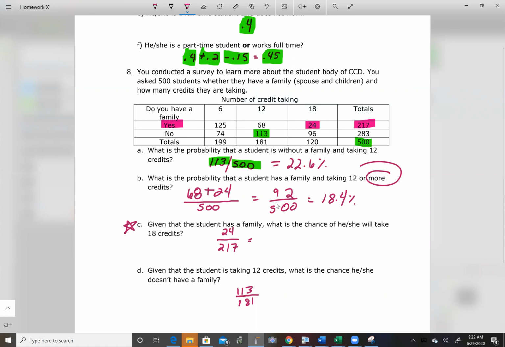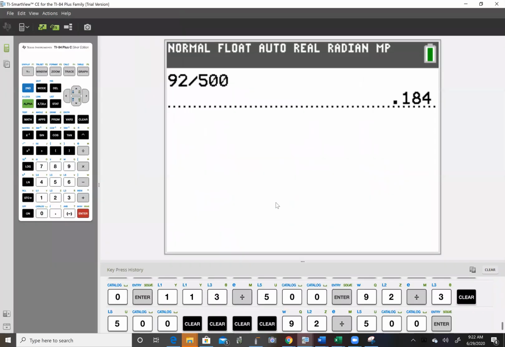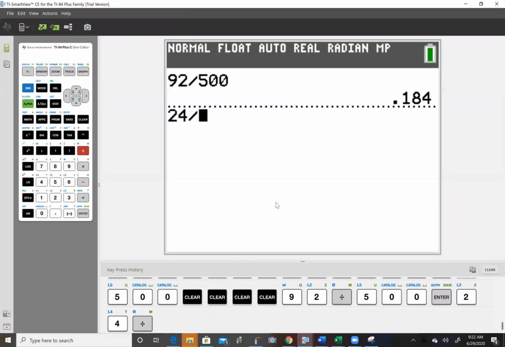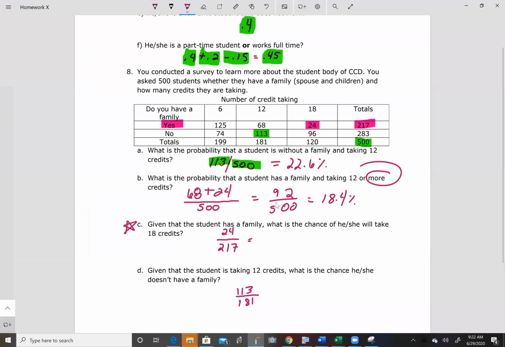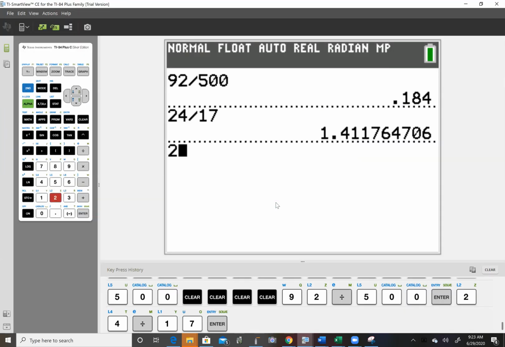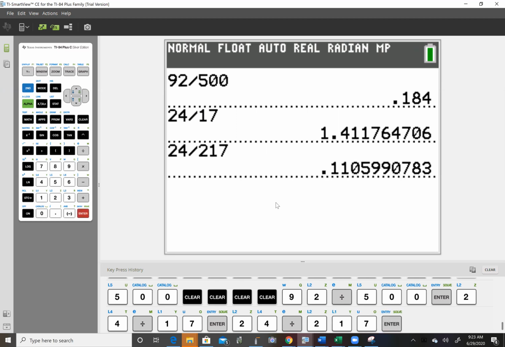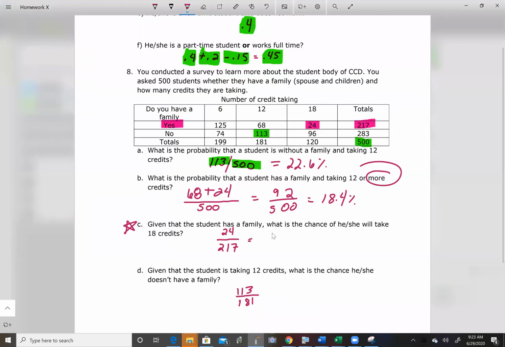So we have 24 out of 217, approximately 11.06%.